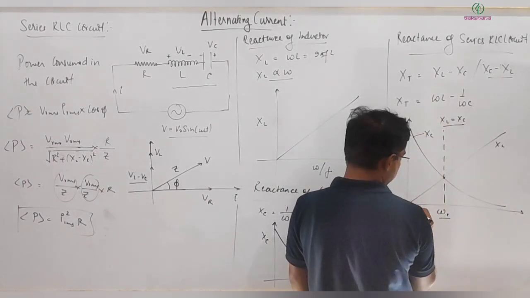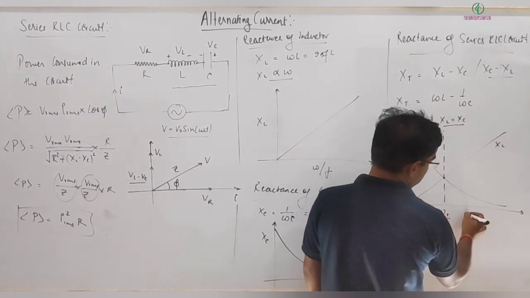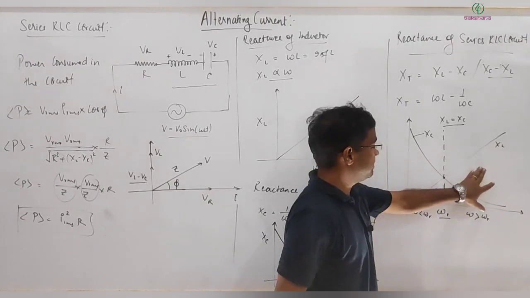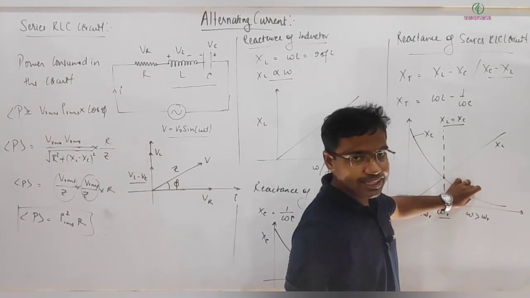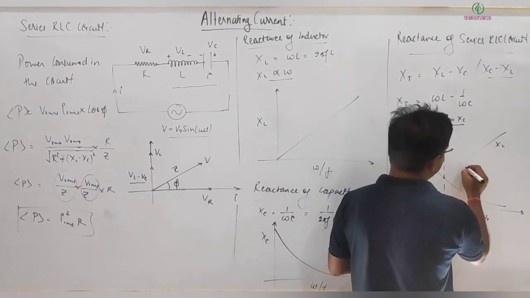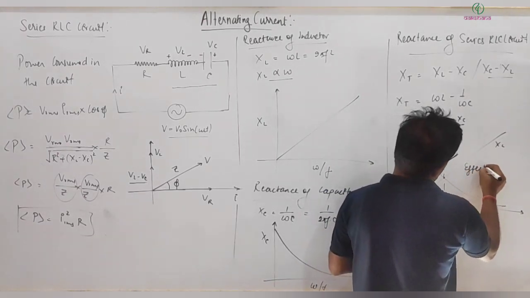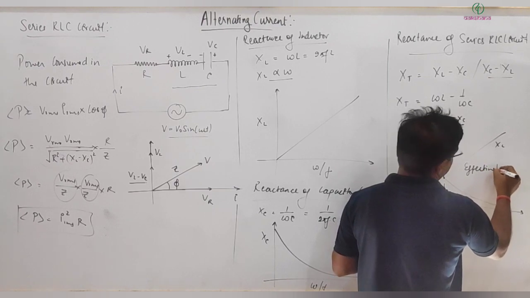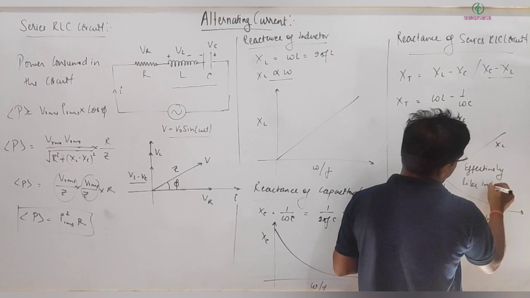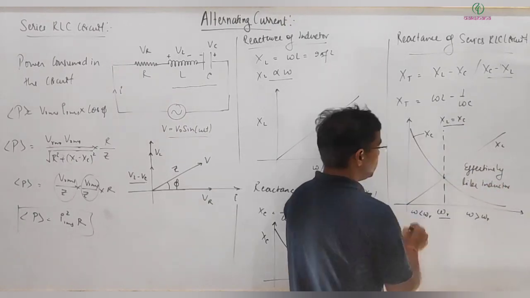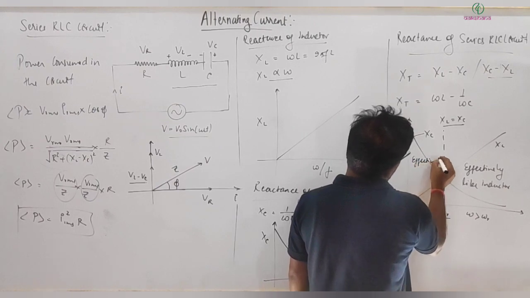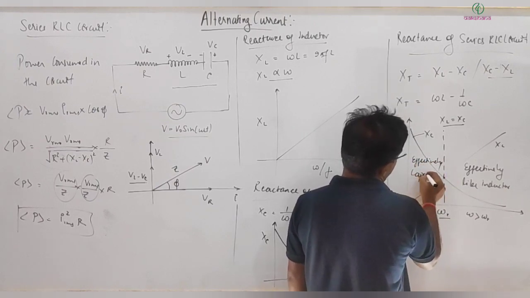so I can write omega less than omega R, omega greater than omega R. Effectively, where capacitive reactance is low and inductive reactance is high, it will act like an inductor circuit, and here it will effectively be a capacitor circuit.